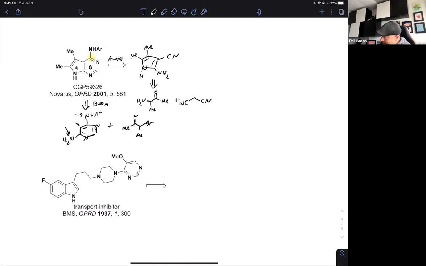Now, how do we convert that into the final API? Well, that is first treated with AR amine plus triethyl orthoformate. And that gives you this compound.